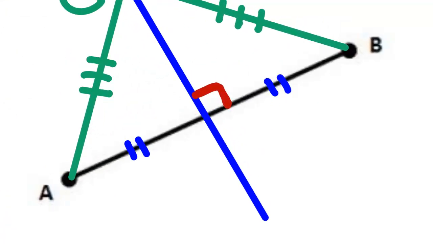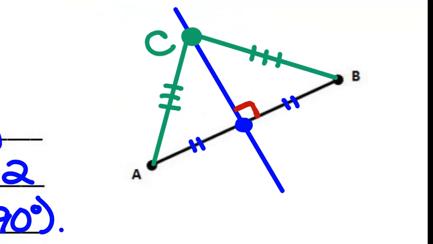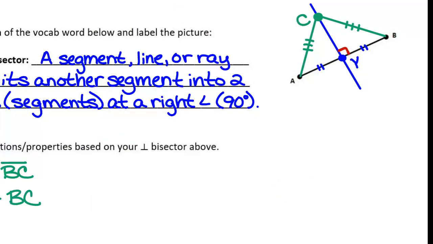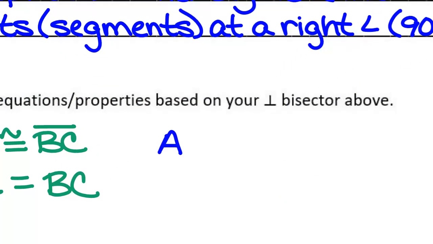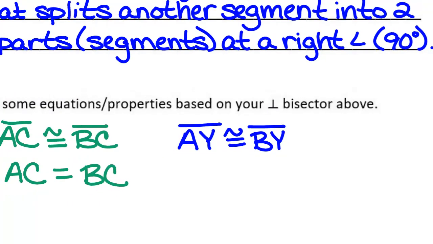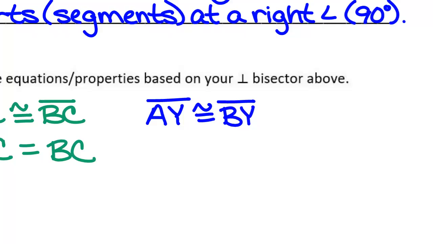Good point. What should we call this one? Y. You can call it whatever we want. So then AY and BY would be congruent. If they're congruent, then their measurements are equal.